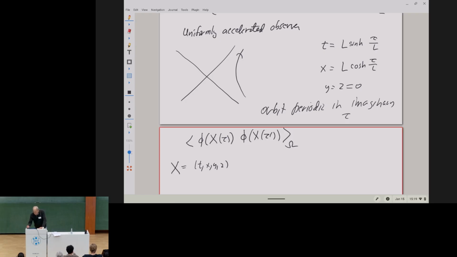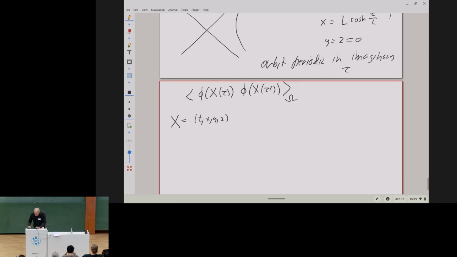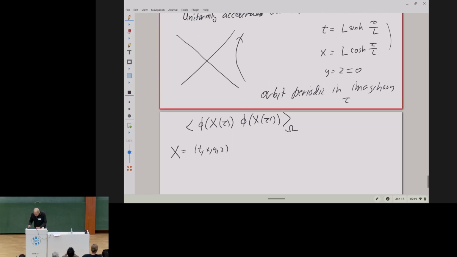But anyway, informally, since the orbit is periodic in imaginary time, the observer will see thermal correlation functions. And the period is going to be the periodicity of the orbit itself. So the orbit is periodic with period tau going to tau plus 2 pi i L.